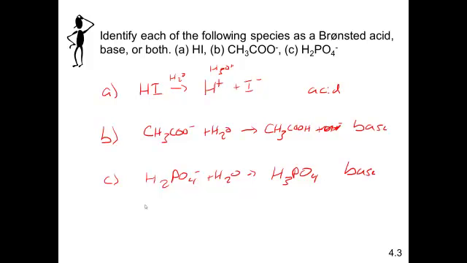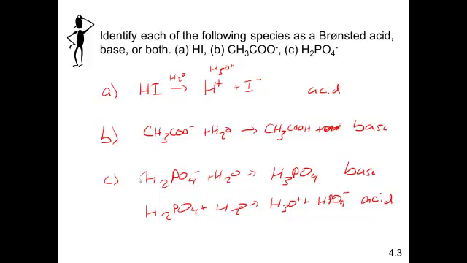But what else could it do in the presence of water? Because it has other hydrogens that it can lose, it could just as easily make hydronium and HPO4 2-. And in this instance, because it's donating a hydrogen, it is an acid.